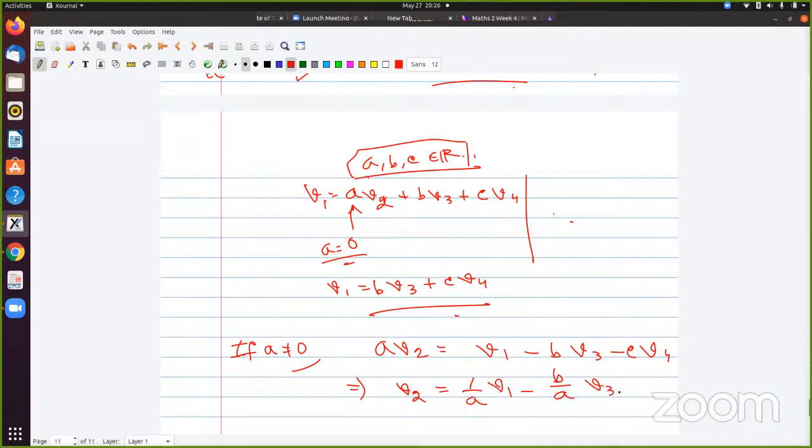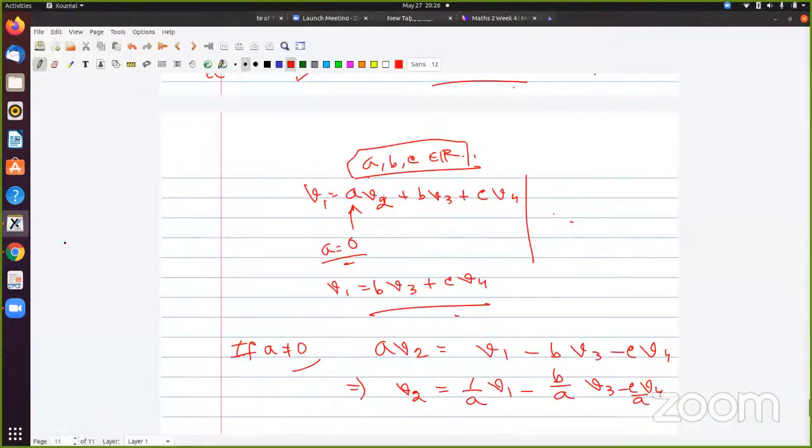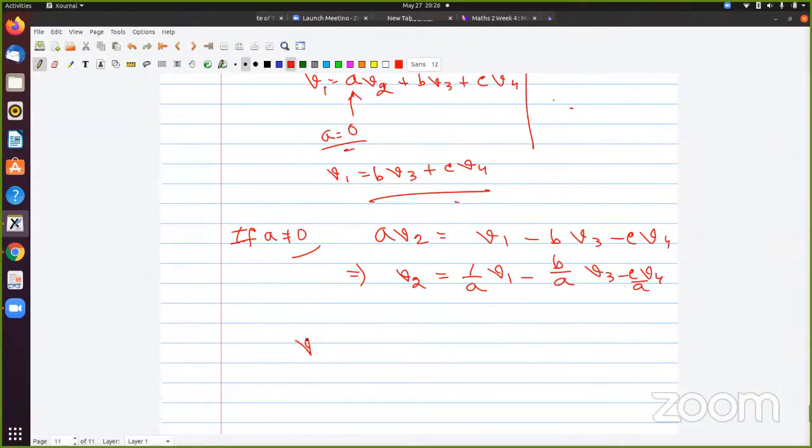Why are we writing in the third option that V2 is a linear combination of V1, V3 and V4? This is always true, no? Logic, I don't know the logic behind this. Linear combination means there should be some scalar so that we can write it. So the scalar is 1 here. Okay, that's simple.